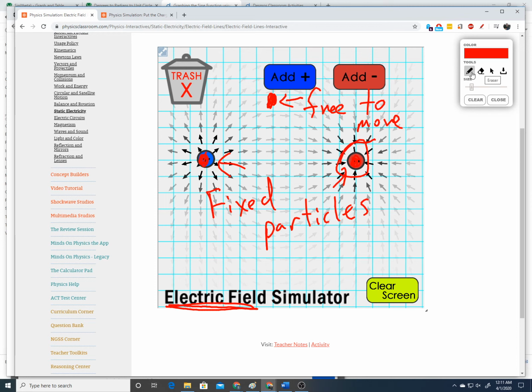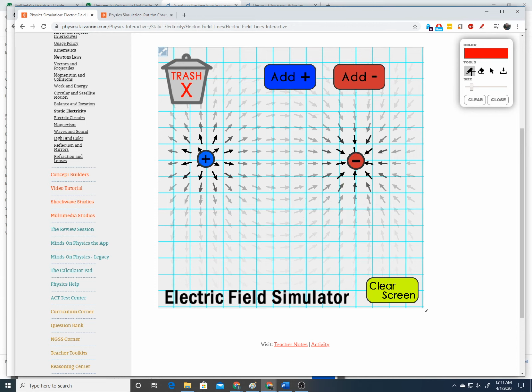But probably because what we usually shoot between these charged particles are typically positive particles, the convention that was created showed these field lines always with the arrows coming out of the positive particle and coming into the negative particle.